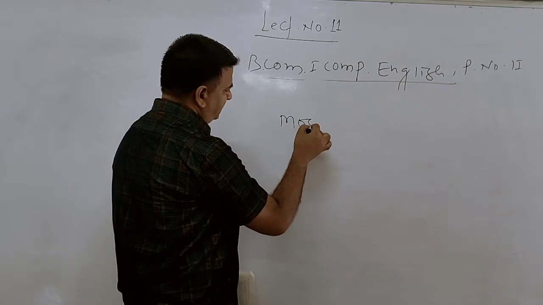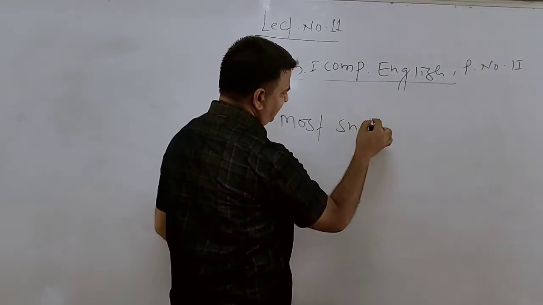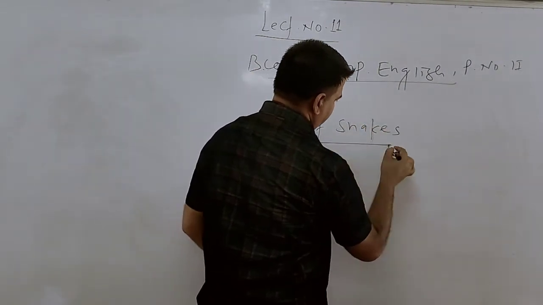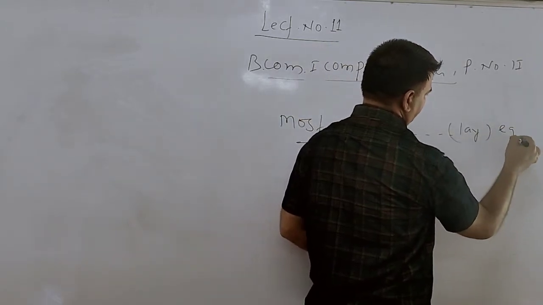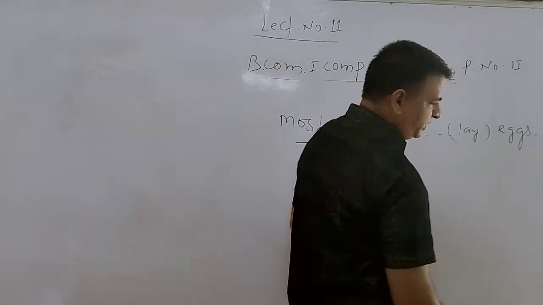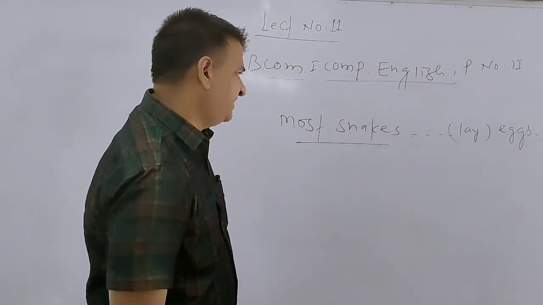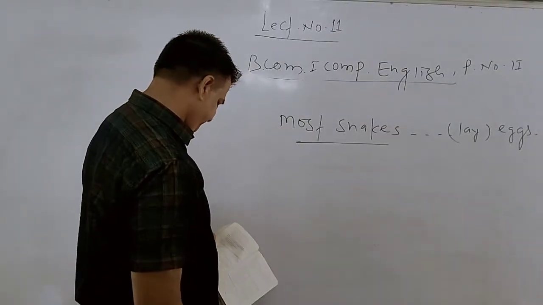We have one example. For example, most snakes dash. This verb is in the bracket. We have to bring a change in the verb. Most snakes lay.